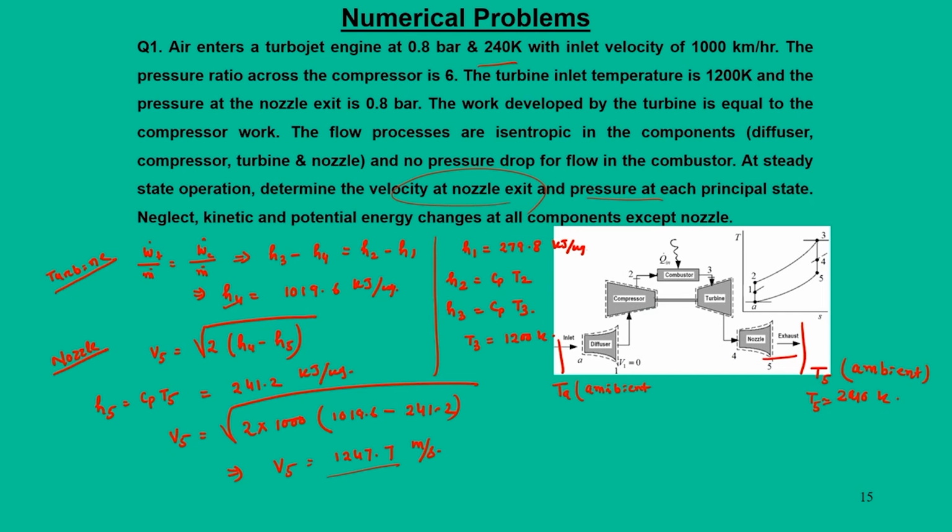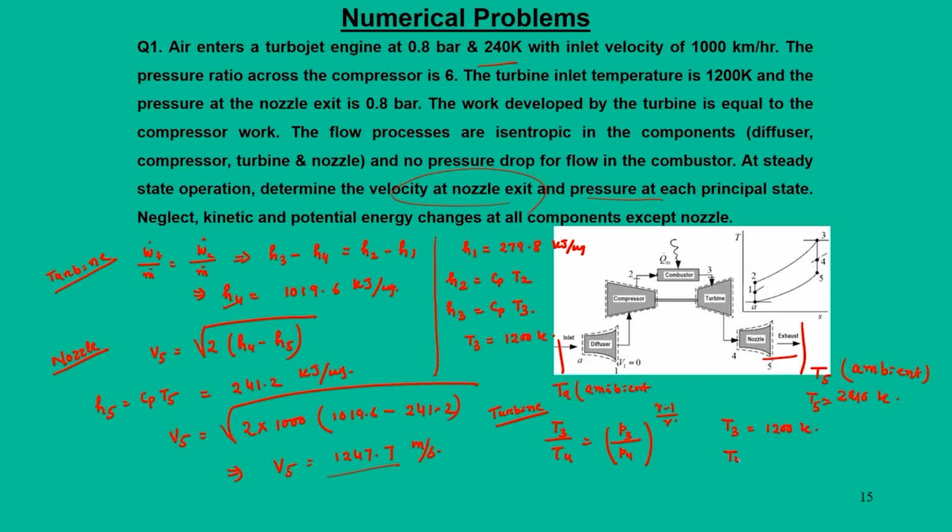But what extra things do we require? Pressure at each principal state. We have already noted down various pressures at all other components. What we have not noted down is P4. P4 can be calculated from the turbine working equations. For the turbine, we can write T3 by T4 is equal to P3 by P4 to the power (gamma minus 1) by gamma. We know T3 is 1200 Kelvin.